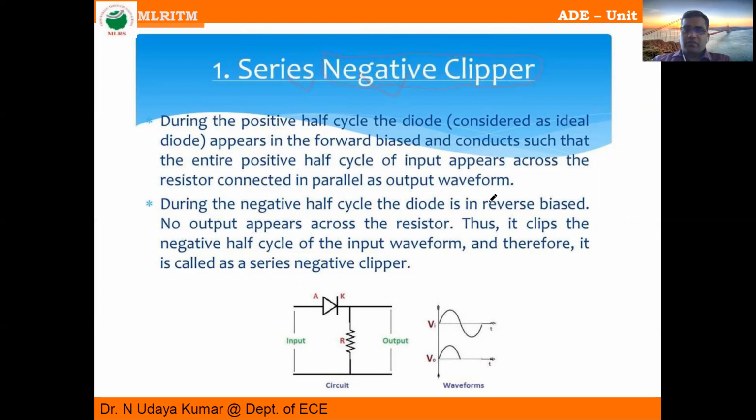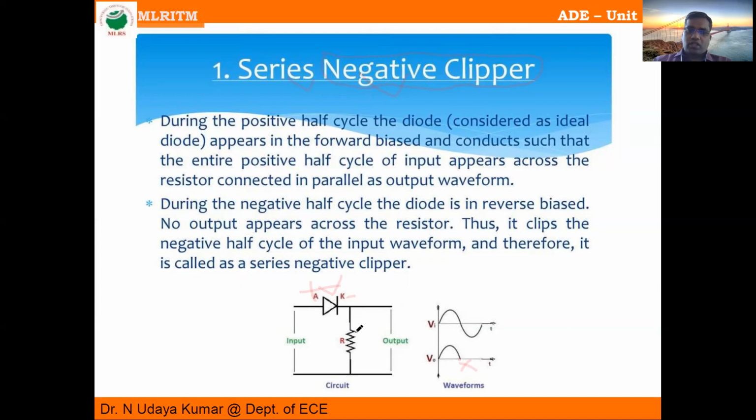See in this figure, you see there is no negative portion. So it is clipped. How it happens, I will explain. So this is the diode. We know that anode and cathode. Anode is positive, cathode is negative.